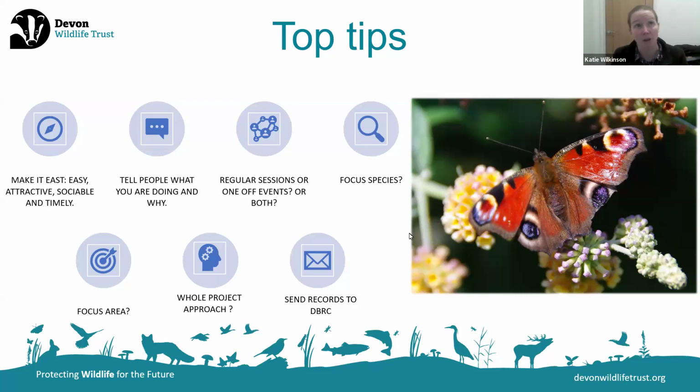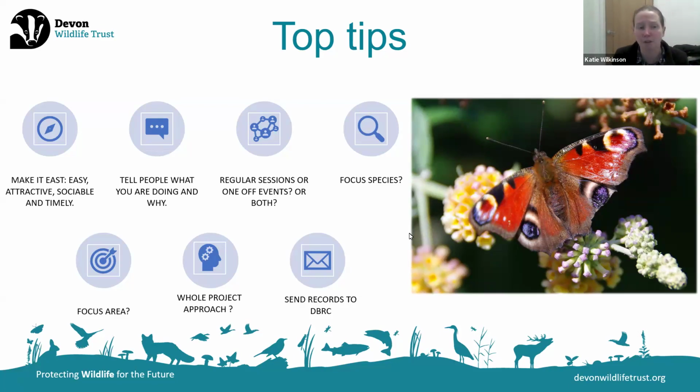And sometimes, particularly if you're just starting out, it's much easier to get people interested in one animal that you're surveying, or one tree, or whatever it is, because surveying lots of wildlife can be outside of people's comfort zones. So I guess it's about starting small and building up from there. But you can also do lots of different species at the same time if you so wish. It's completely up to you.